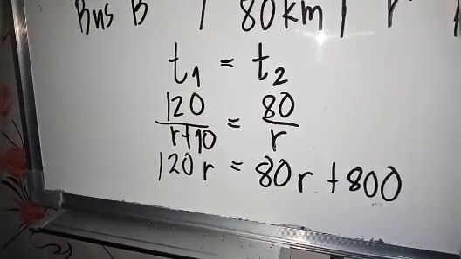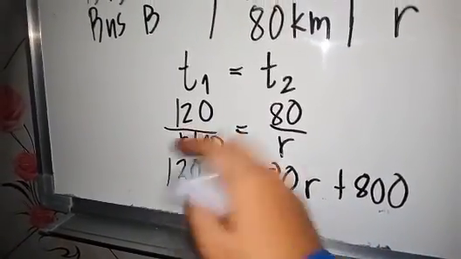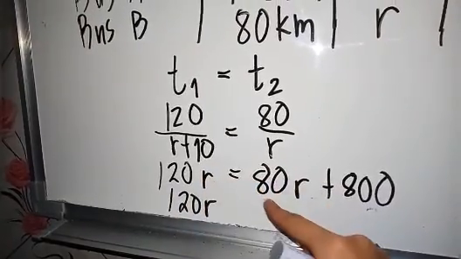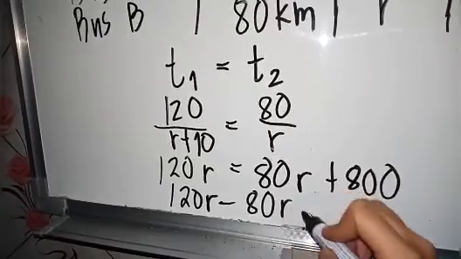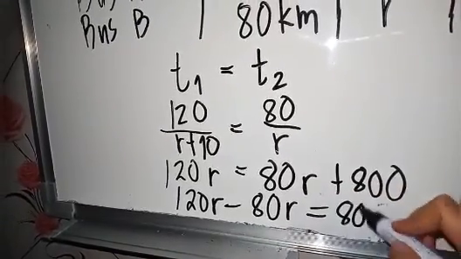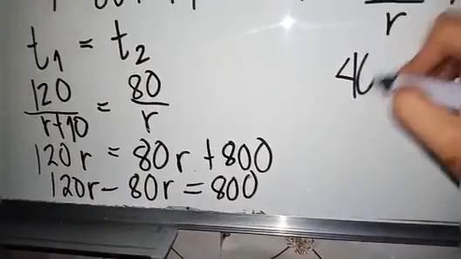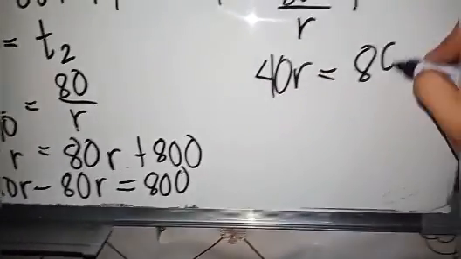Then, after that, combine like terms na lang tayo. So, ito, ilalagay natin sa kabila para ma-simplify natin. So, 100R. Then, pag transpose, magiging negative 80R is equal to, ang naiwan dito ay 800. So, 100 minus 80 will give us 20. Then, copy R. Then, we have 800.